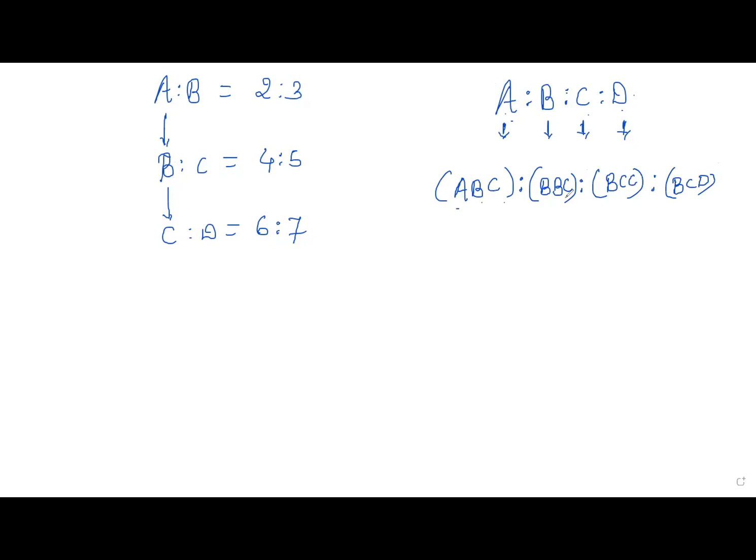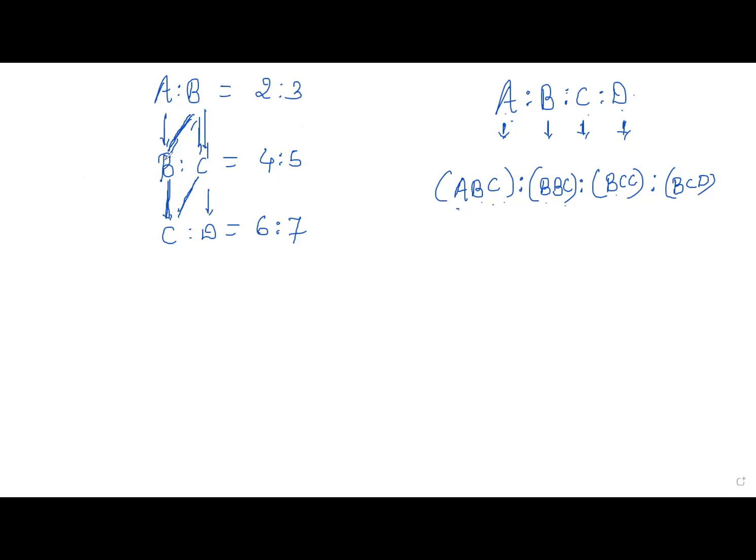That will be the value of A. Then next B, B, C. Then B, C, C. And the last term, we are getting B, C, D. Like this.